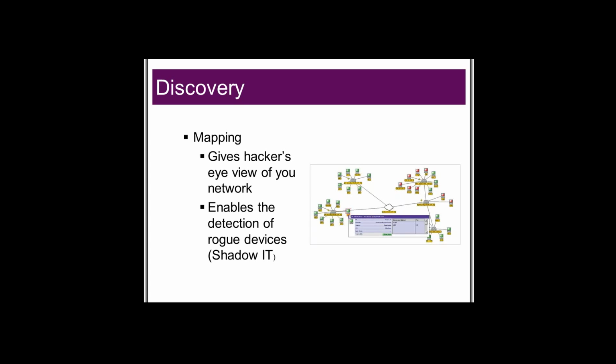When I was at DOD, they had things in the field that they never knew they had, or things come in and out of their network because it was not static but a dynamic network. Also, it enables the detection of rogue devices, as I was just saying. You actually map and know what's on your network, what kind of activity is there. So we might detect these things by first mapping and knowing what we're dealing with.